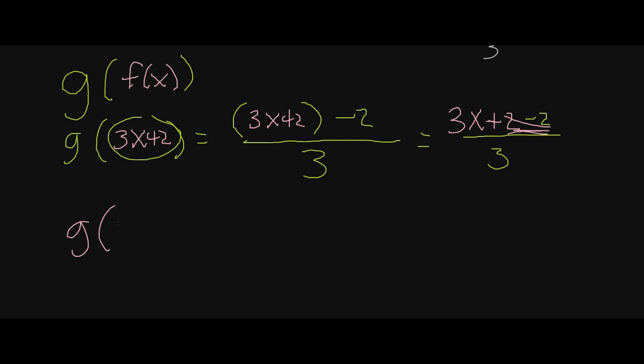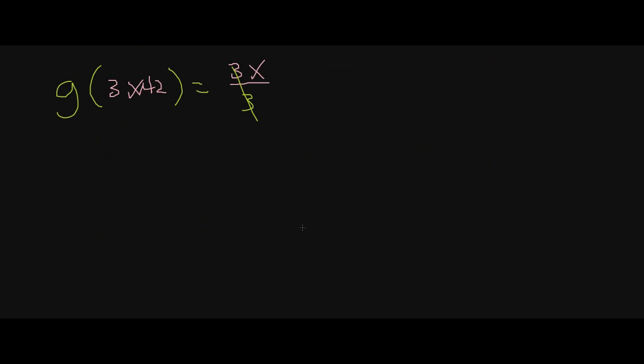So we're going to get g of 3x plus 2 is equal to, well, we're just going to have 3x divided by 3. Well, what's 3 divided by 3? 1. So finally, we get g of 3x plus 2 is equal to x.